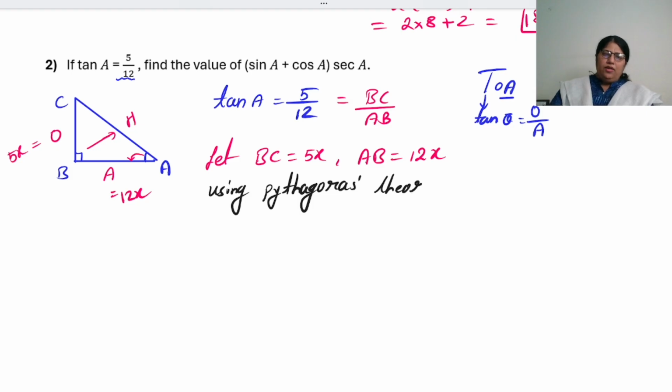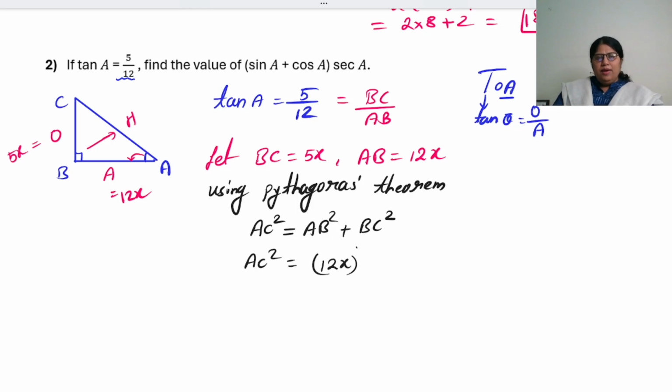So using Pythagoras theorem, AC square, hypotenuse square, equals AB square plus BC square. We don't have the hypotenuse length here. So AC square equals AB, which is (12x) whole square. Because there are two bases, 12 and x, make sure you are using brackets, plus (5x) whole square.